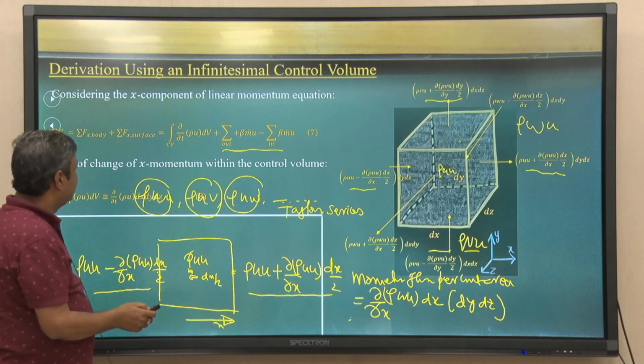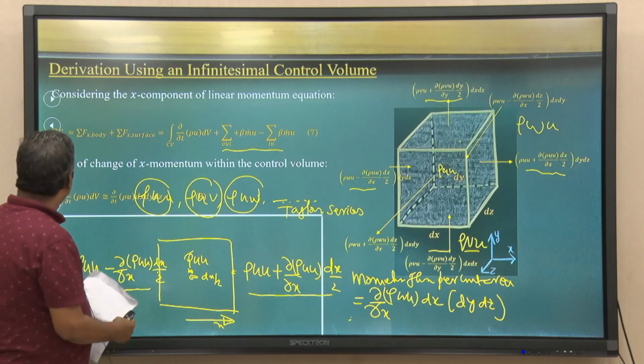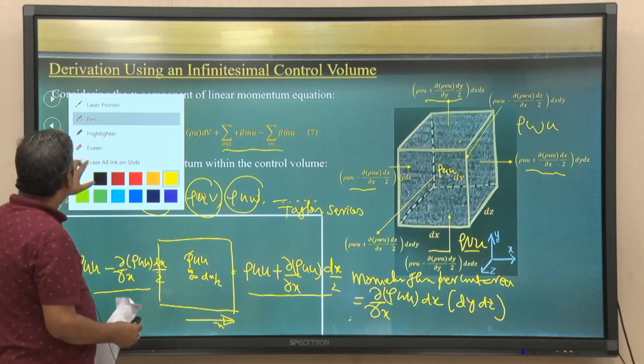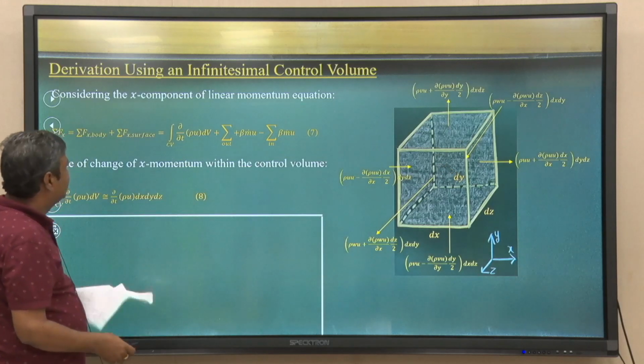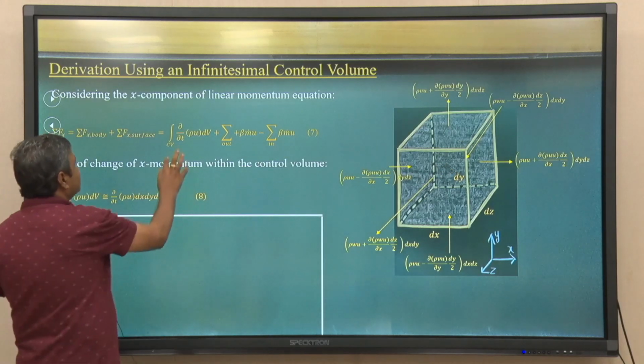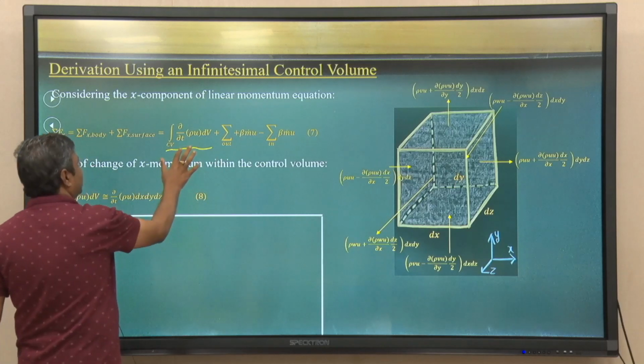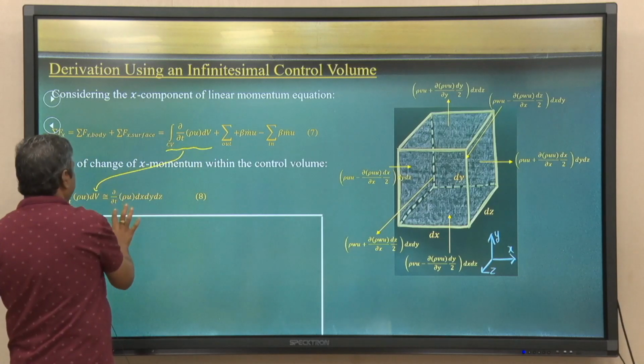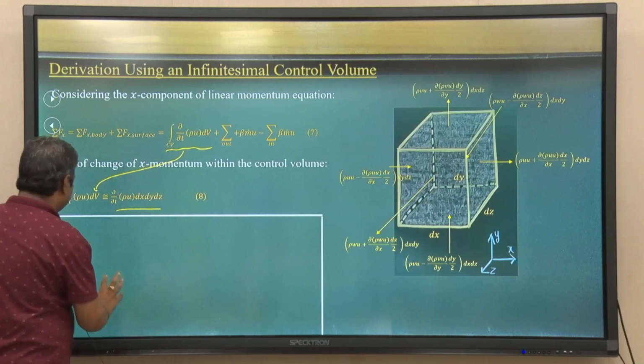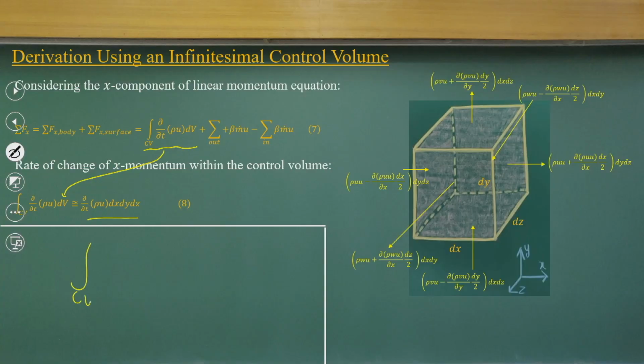Now, another component I want to highlight here. Because the control volume is infinitely small, we can approximate these terms. Again, I am writing rho v, the change of rho u components in dV.